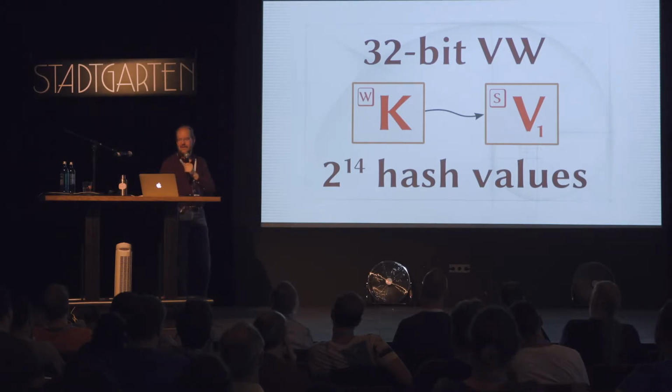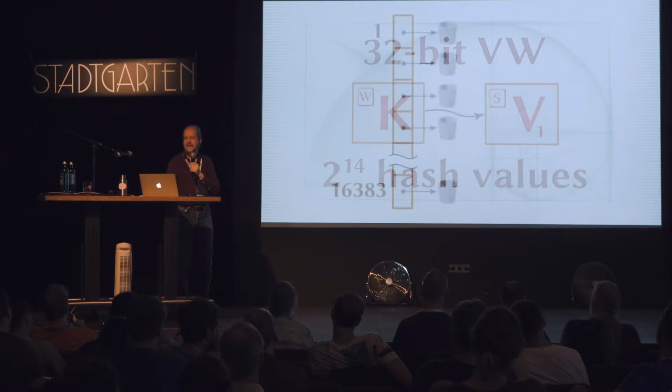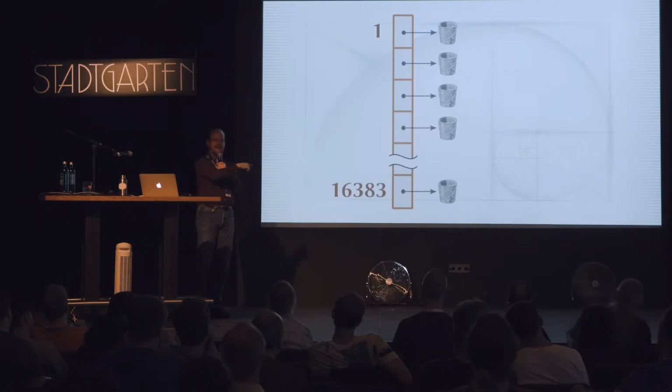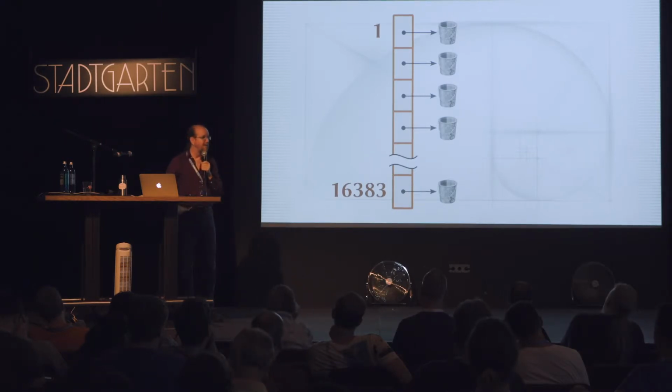So the structure that I use is to pre-allocate one bucket for each of the 16,383 possible hash values. And then I can just take the identity hash, look it up in the dictionary, and I'm right there at the bucket. 0 is not a value you will ever get out of VisualWorks for an identity hash. So that works out pretty well, since we don't have the array access of 0.